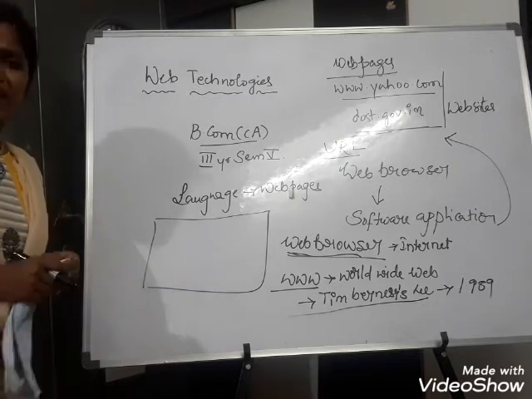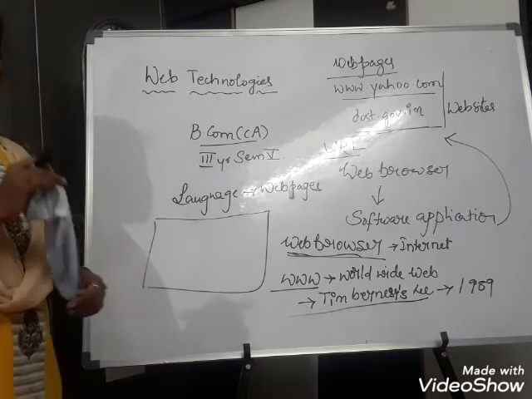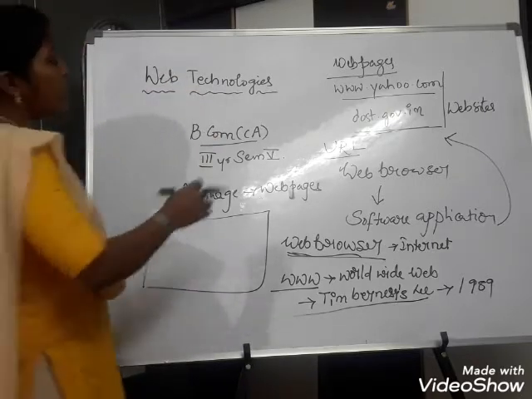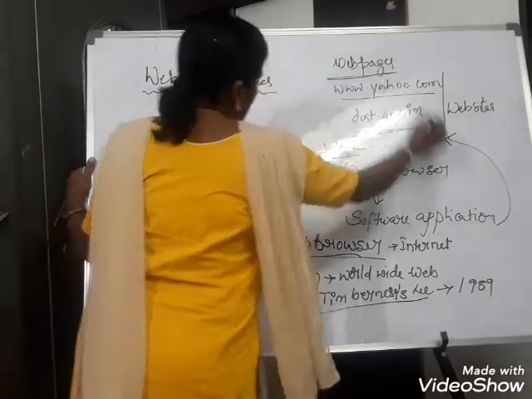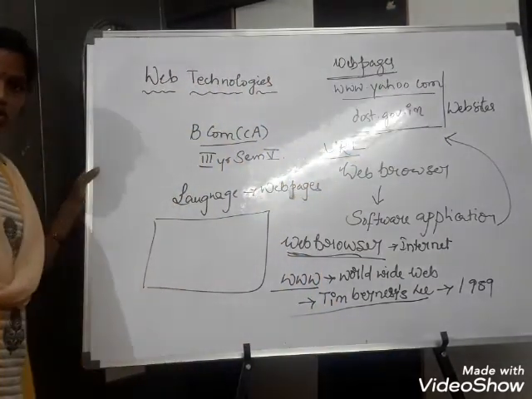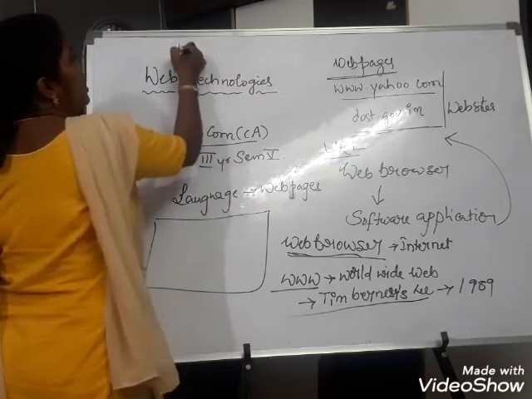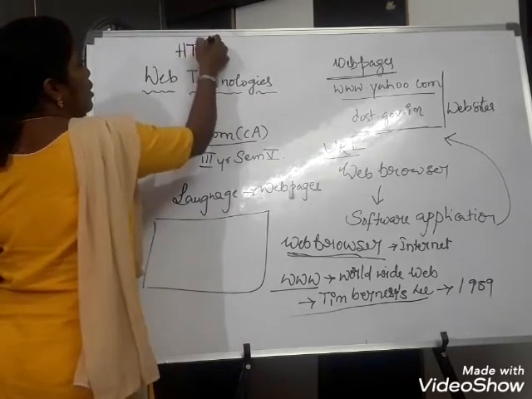That means websites. So what we have to learn in web technology is how to write the web pages. In your first unit, you are going to learn about HTML.